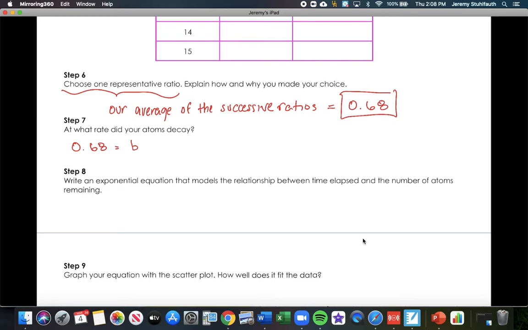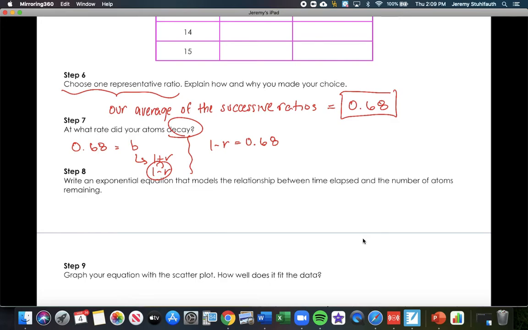Typically we'd say that our constant multiplier is b when we're talking about exponential equations, but when we're talking about exponential growth and exponential decay equations, b can be rewritten as either 1 plus r or 1 minus r. In this case, because we're talking about exponential decay, we're going to use 1 minus r. So we have 1 minus r is equal to 0.68.